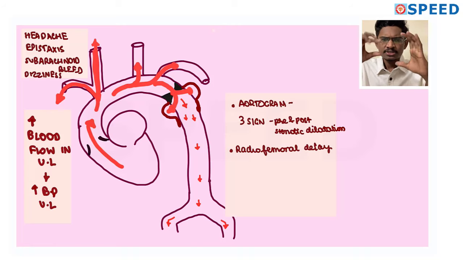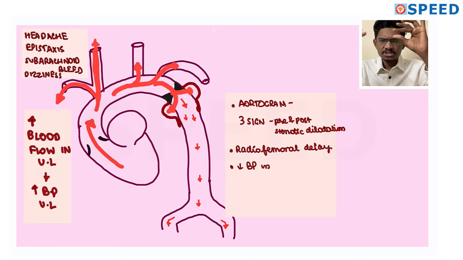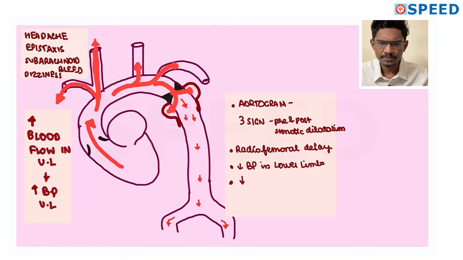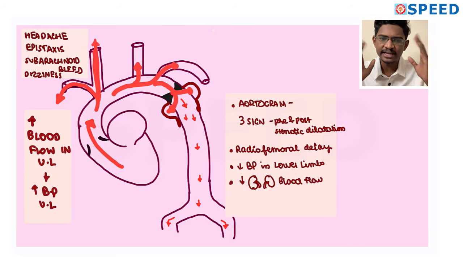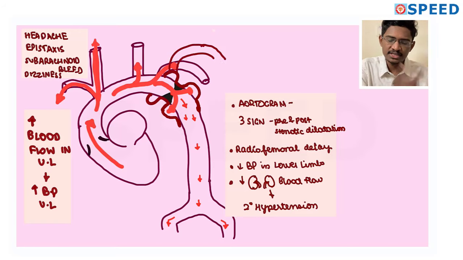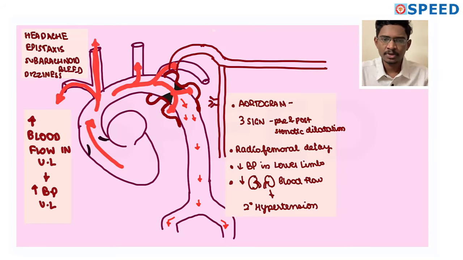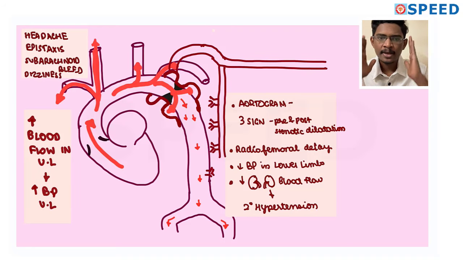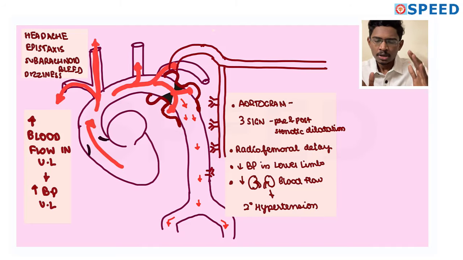Next, since there is narrowing, decreased blood flow happens to the lower limb circulation. So there will obviously be radiofemoral delay and decreased blood flow to the kidneys, renal ischemia, activating the renin-angiotensin-aldosterone axis, resulting in secondary hypertension in this patient. Next, the descending aorta supplies the intercostal muscles.